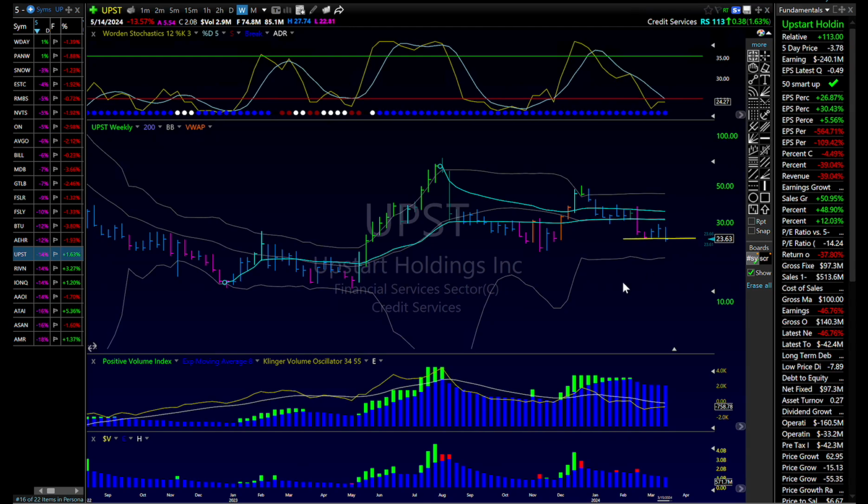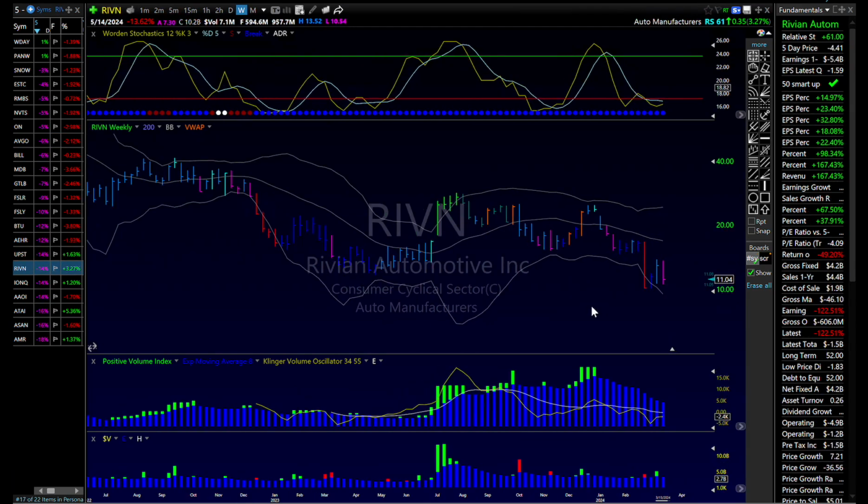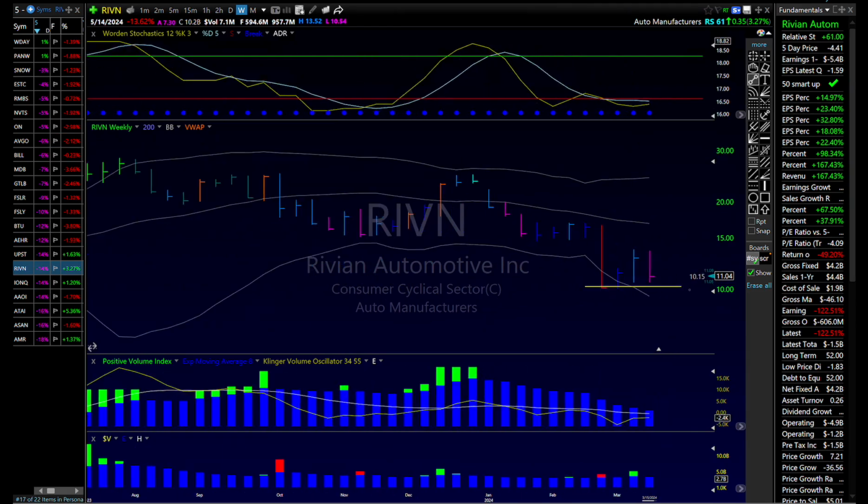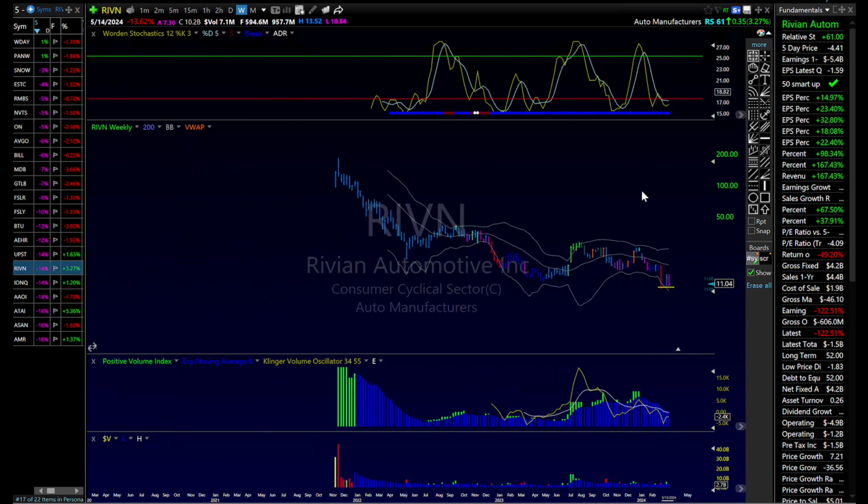New lows for UPST. Rivian, you had a big sell signal there, but no follow through. Volume was there. We had some volume coming in here. I don't know.